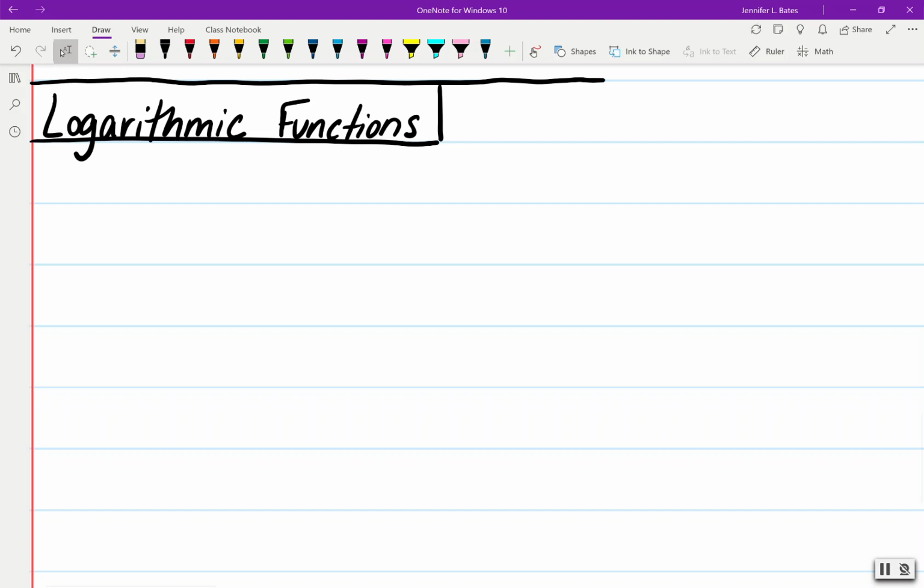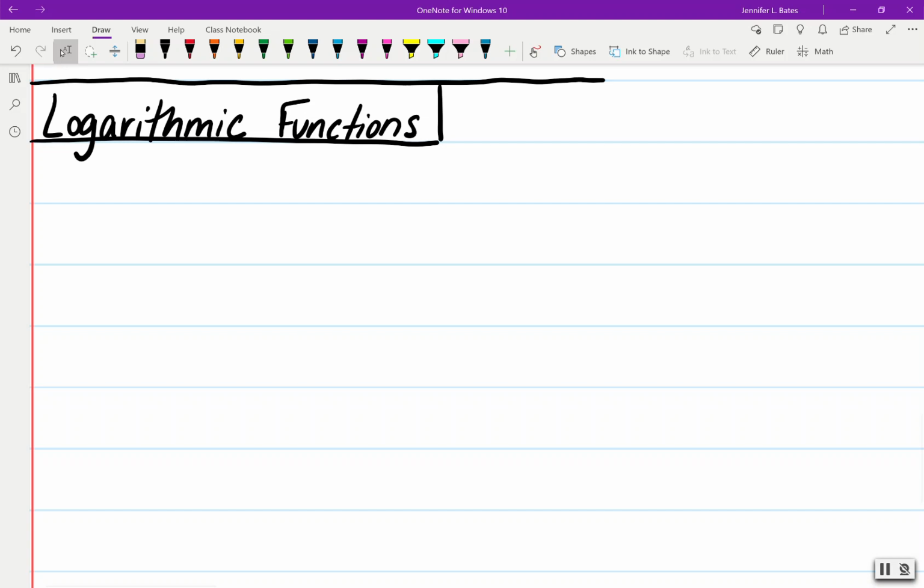So I'm going to show you how I do this. And this is what I do every time I'm working on an assignment or a quiz or even the test. This is what I write at the top. That way, I only have to remember it one time, and I can refer back to it as many times as I need.